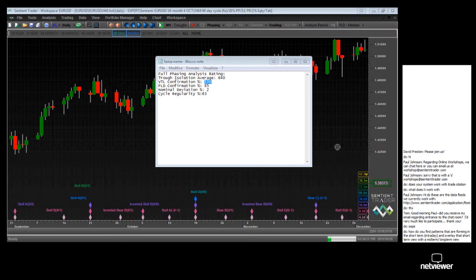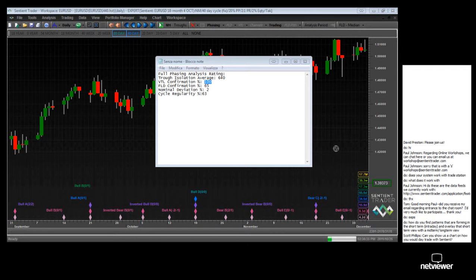They are cyclic tools. They're very closely based on the analysis, so when a VTL is crossed, it's no surprise that the confirmation percentage comes out very high. 100% is of course the highest it can be. It's usually a little lower, but it is often very high because they tend to be self-confirming.